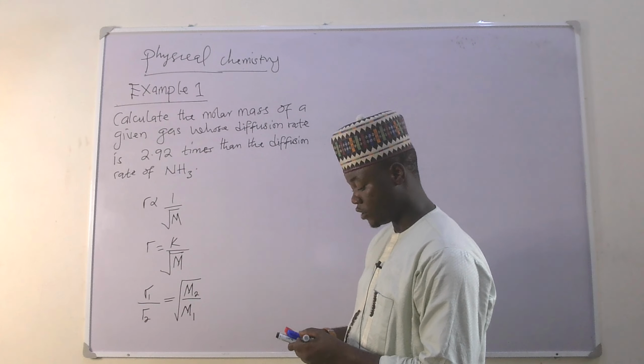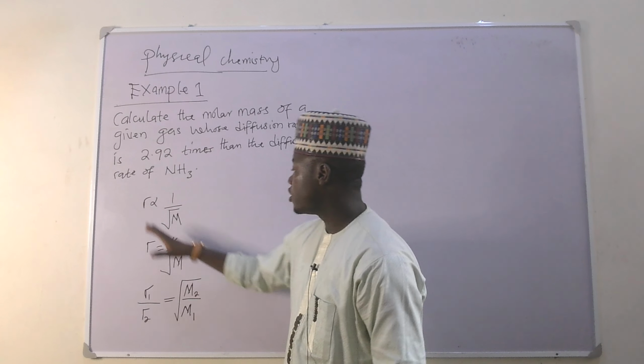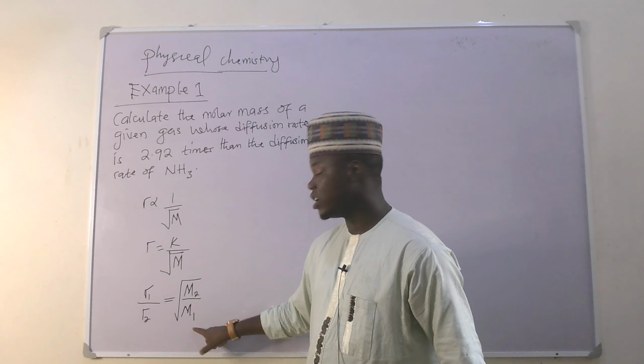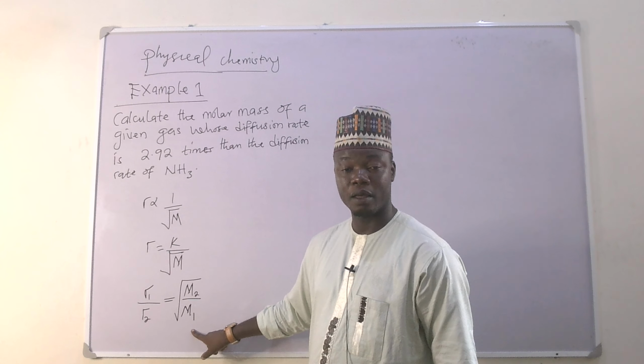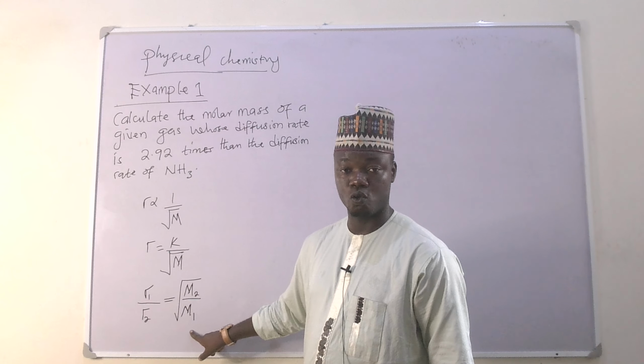So this is the first relationship, where the rate of diffusion is inversely proportional to the square root of the mass of that particular gas.